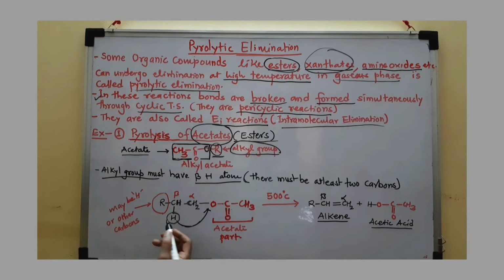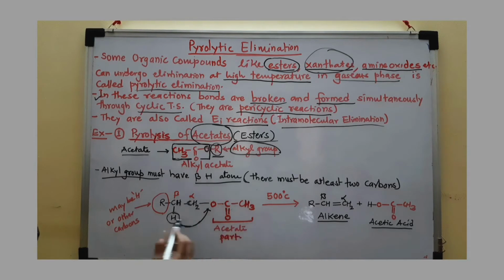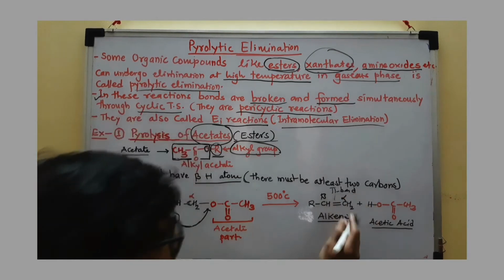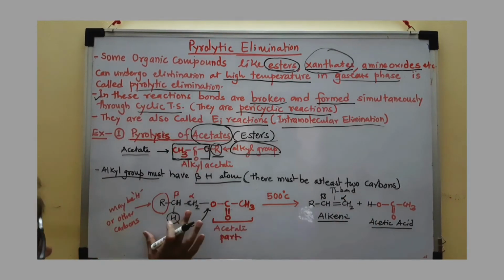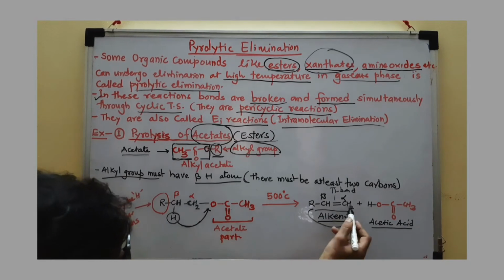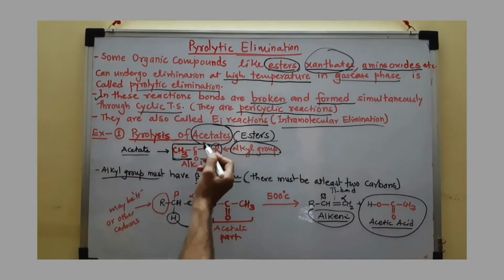In short, that hydrogen moves to join with the oxygen of the acetate part, and you have to put a pi bond between the alpha and beta carbon, because in an elimination reaction there is always formation of a pi bond. So this compound gives an alkene, with a minimum of two carbons, and acetic acid, because this is an acetate.